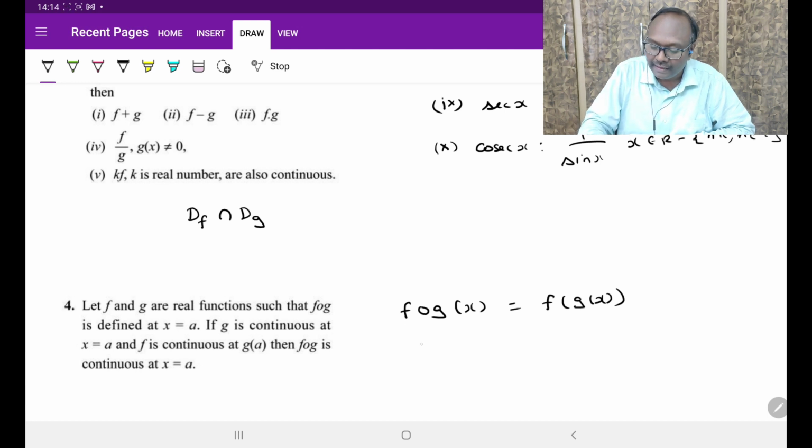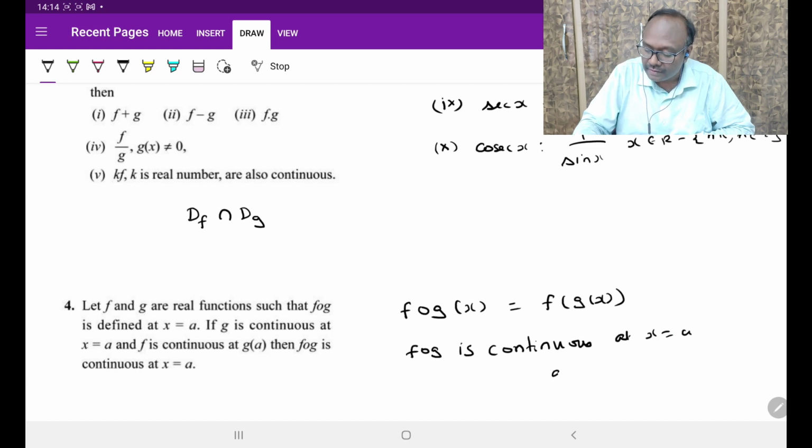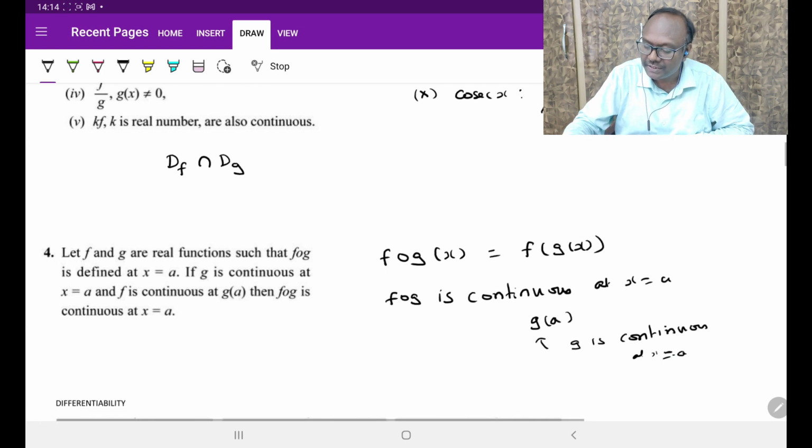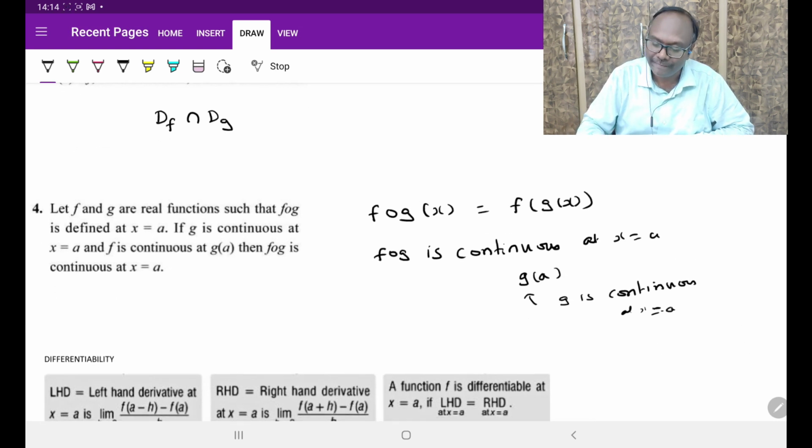Now f circle g is continuous at x equal to a if g is continuous at x equal to a, and f should be checked for continuity at g of a.